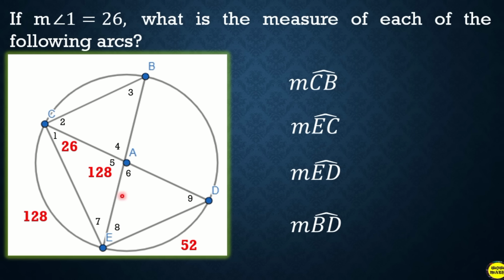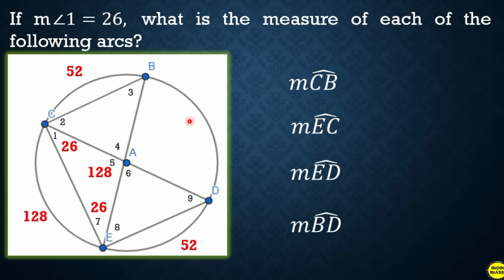So, add lang natin ang dalawa na to since nasa triangle na siya, nasa triangle tayo ngayon. So, add natin yung dalawa minus sa 180. So, 180 minus the sum of 26 and 128, the answer is 26. So, kung si angle 7 ay 26, and that is inscribed angle, so yung intercepted arc niya na BC or CB ay twice nung measure niya. So that is 52.